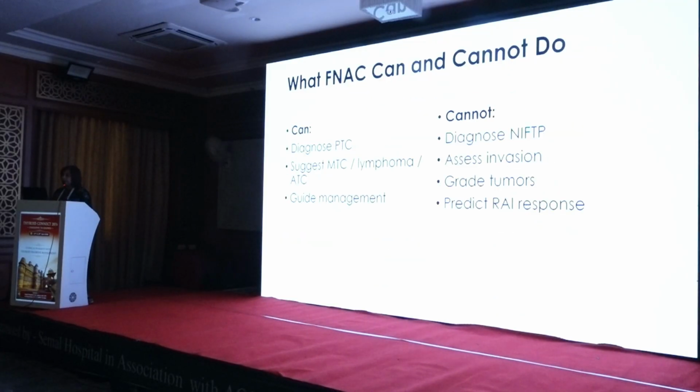So what the FNAC can do is it can diagnose PTC, it can also suggest if there is lymphoma. If there is lymphoma, then we need a biopsy after that so that we can characterize it. We do immunohistochemistry, because that is essential to characterize what type of lymphoma it is. Then FNAC can also suggest medullary thyroid carcinoma, but it can be a difficult diagnosis.